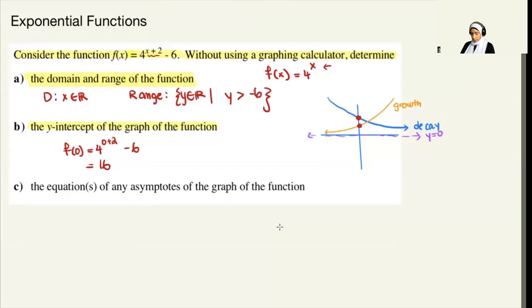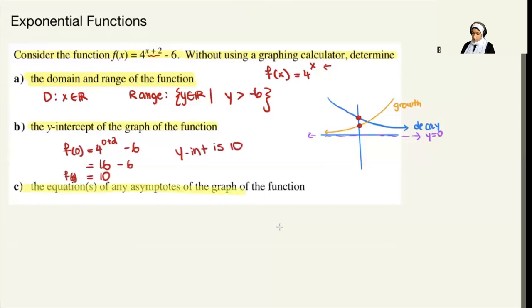That's 16 minus 6, which is equal to 10. So our y-intercept happens at f at 0, which is 10.